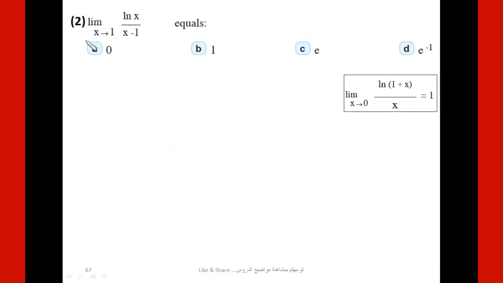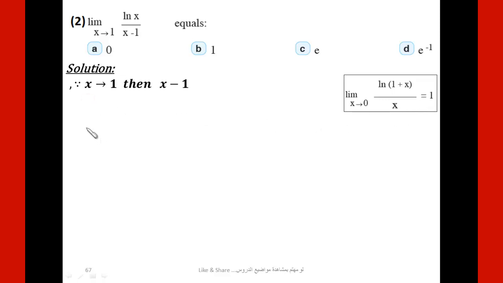2. Also choose the correct answer. Limit ln x over x minus 1 as x tends to 1 equals 0, 1, e or e power negative 1. This is the rule used: limit ln 1 plus x over x when x tends to 0 equals 1.